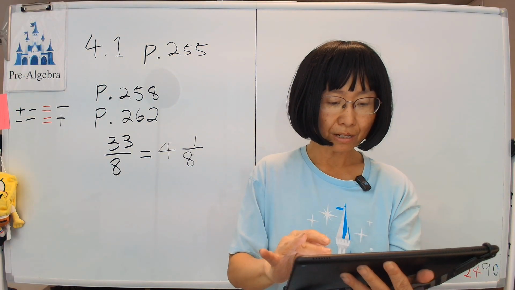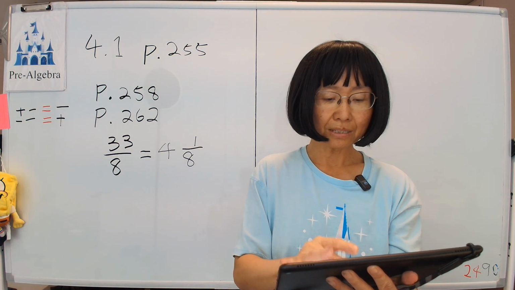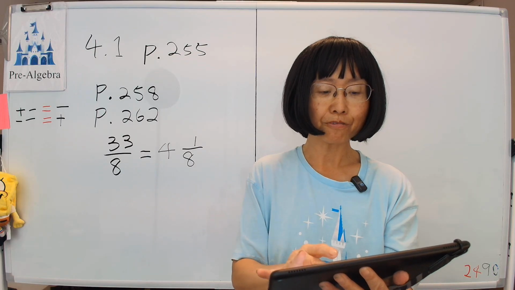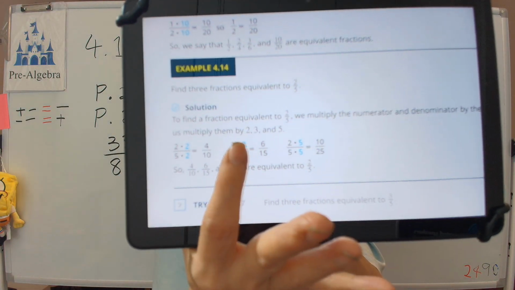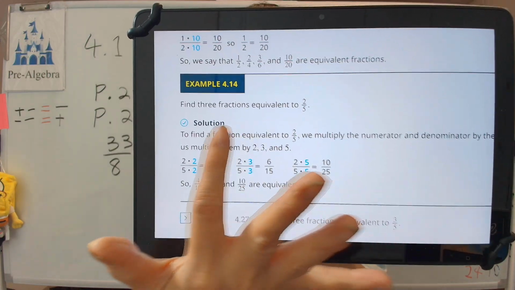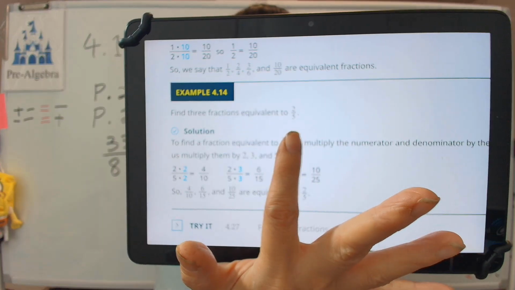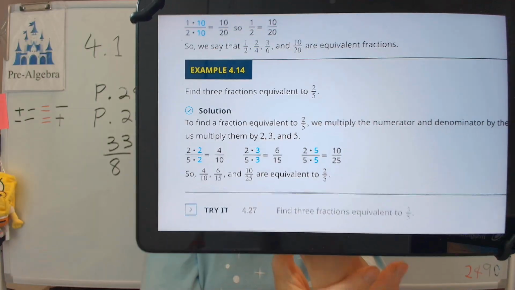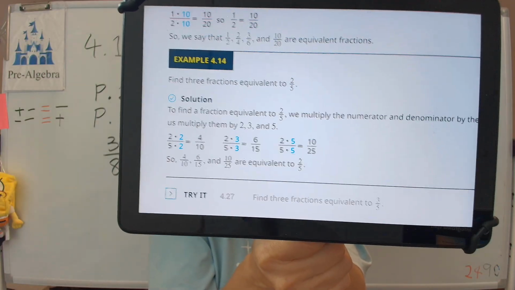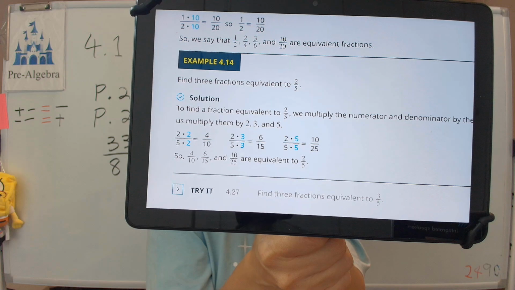All right, so to illustrate the point, let's look at example 4.14 on the same page, going down a little bit. Let's make up 3 fractions that are the same as 2/5. We can multiply top and bottom by any number you want. Let's say multiply by 2.